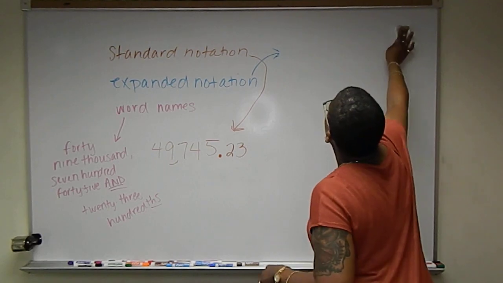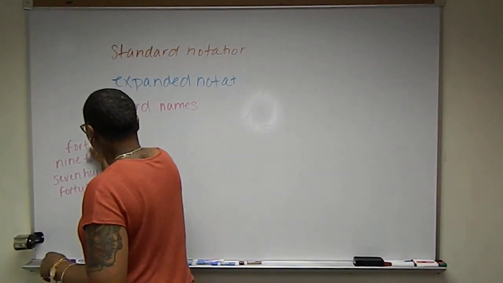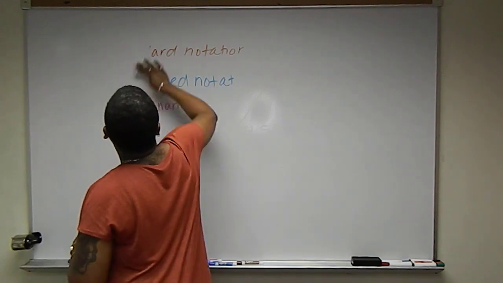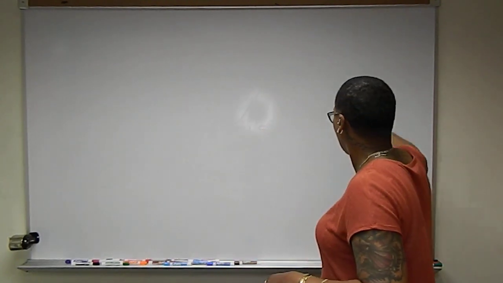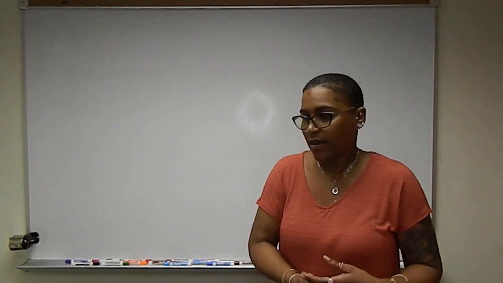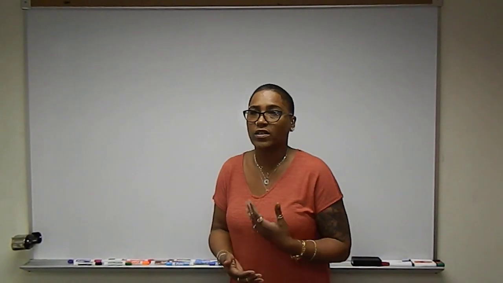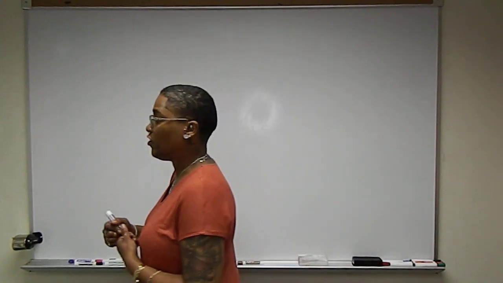So now we're going to do addition, and addition is just what it says. We're putting things together. We're accumulating, totaling, gathering it all together, putting it all in one spot. The rule with addition of whole numbers is that math is based off of tens. After every 10, you start over.